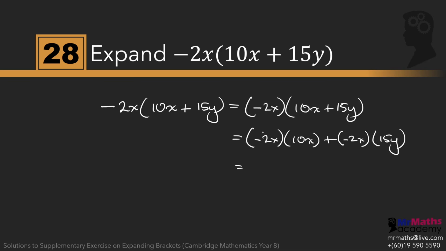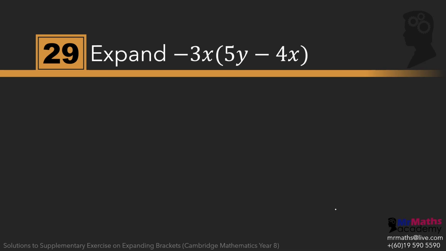Two terms, one is negative, another one is positive, so it becomes negative 20x squared. Plus and minus, so it becomes minus. 2 times 15 is 30xy. So that is minus 20x squared minus 30xy.